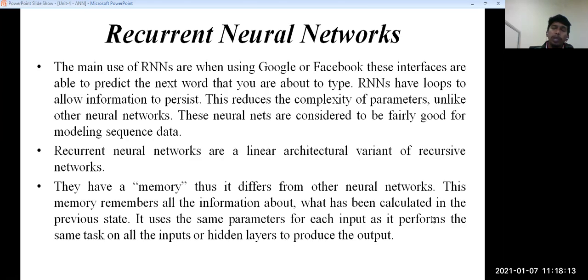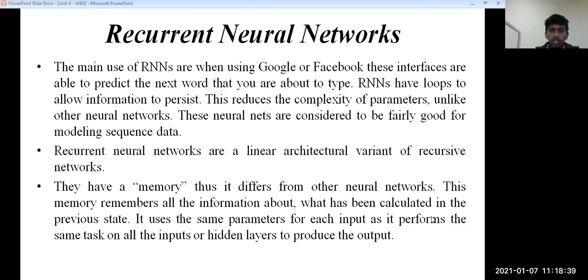That is, it will loop through its complete structure a number of times, and according to relevant information it will try to provide some approximate input. This reduces the complexity of parameters, unlike other neural networks. Other neural networks like ANN and CNN might not be as appropriate when compared to RNN. That's why RNN has much more prominence when compared with other concepts of neural networks.